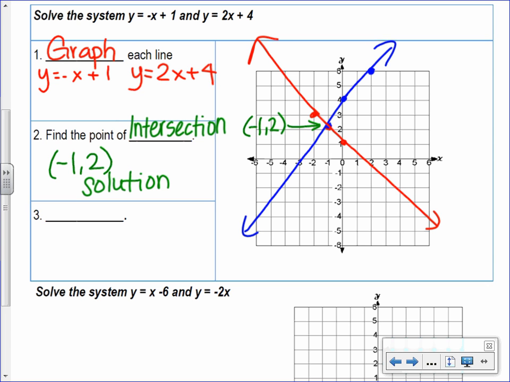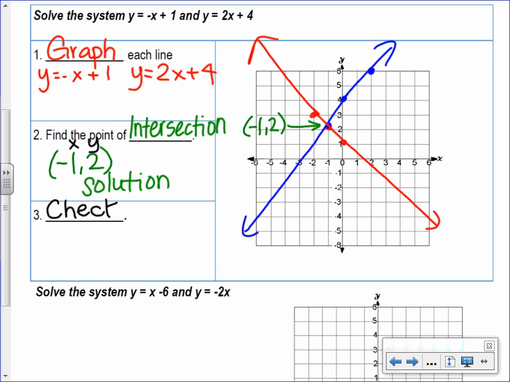So we're saying that this x and this y should be able to go into this equation and work for both of them. To be a really good mathematician, your third step is always going to be to check.